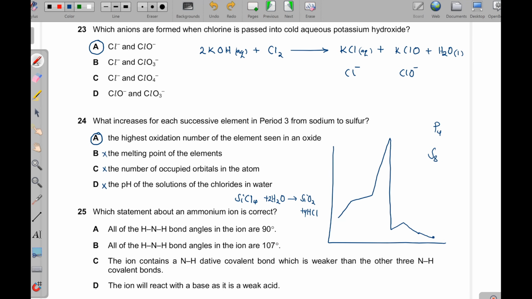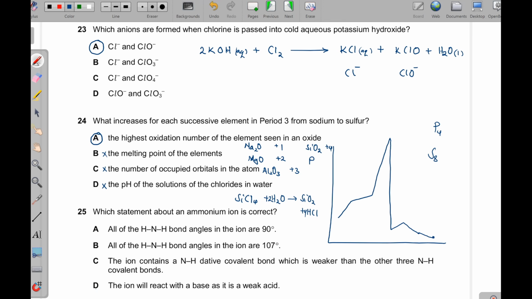I repeat, the oxidation numbers here keep on increasing. Why? For sodium oxide, the oxidation number of sodium is +1. Magnesium oxide, the oxidation number is +2. Aluminium oxide, the oxidation number for aluminium is +3. You see they are increasing. Then for silicon(IV) oxide, that will be +4.